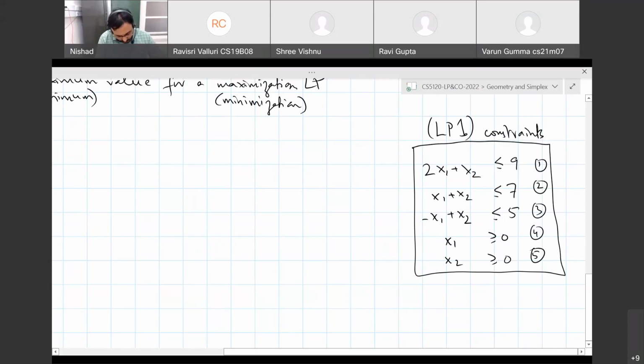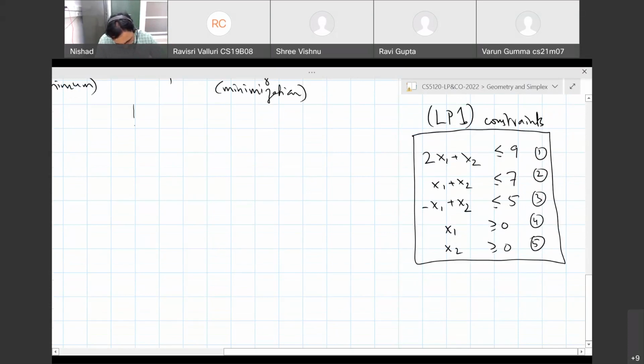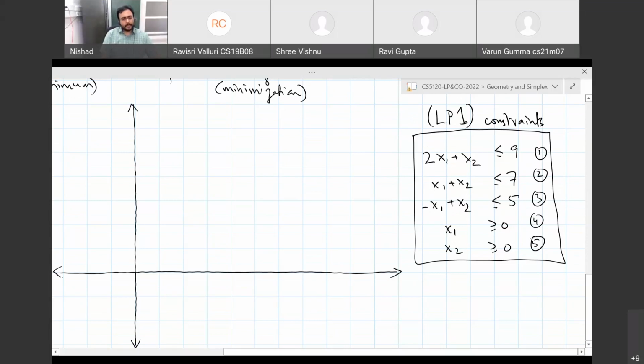Okay, so since it's just two variables, we can actually draw things, which becomes difficult beyond some number of variables. So let's see. All right, so I'm going to treat each of these half points as 1 unit.